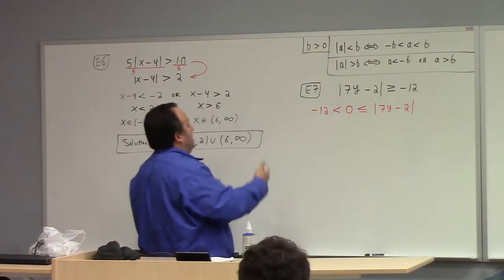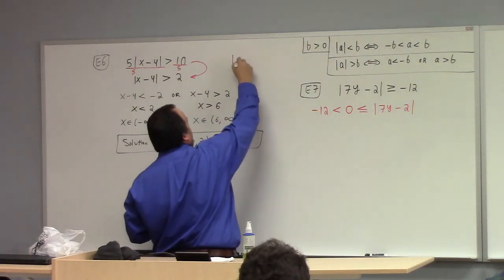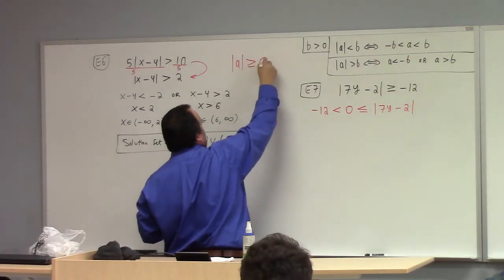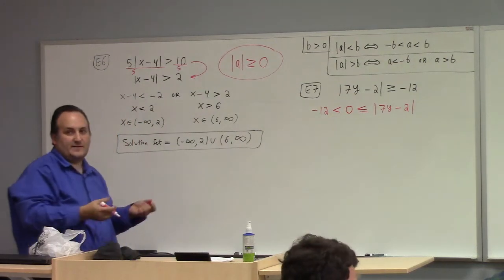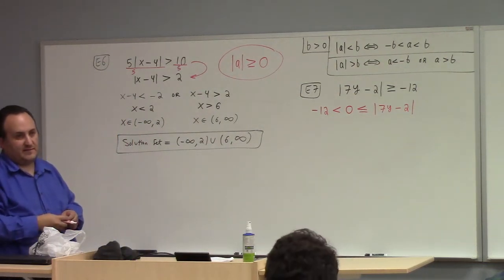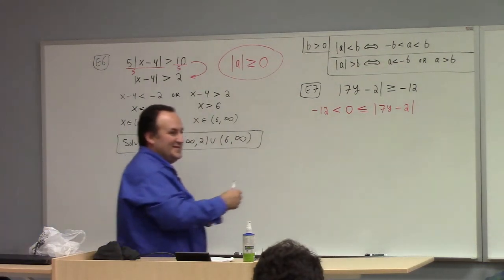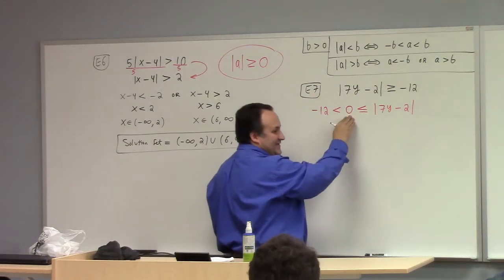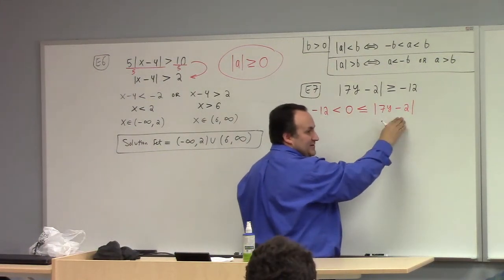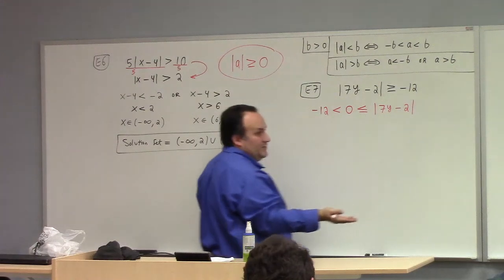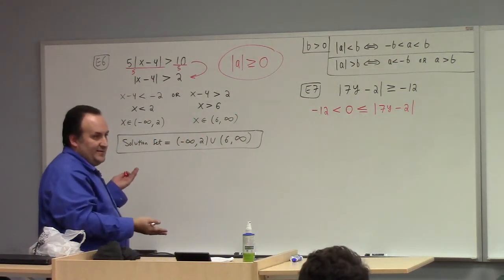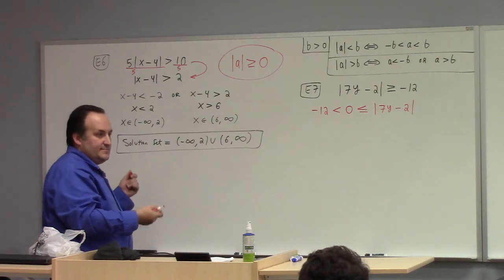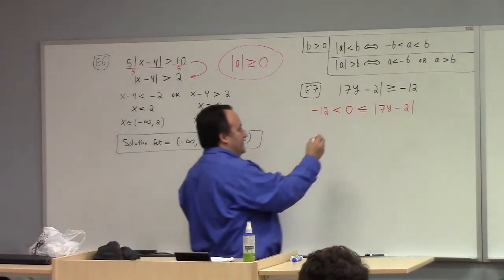Property of absolute value: the absolute value of A is greater than or equal to 0. This is just a fact about the absolute value function, right? So I can write down minus 12 is less than this, is less than that. It doesn't matter what y is. y can be anything, right? So what's the solution set? All real numbers, right?